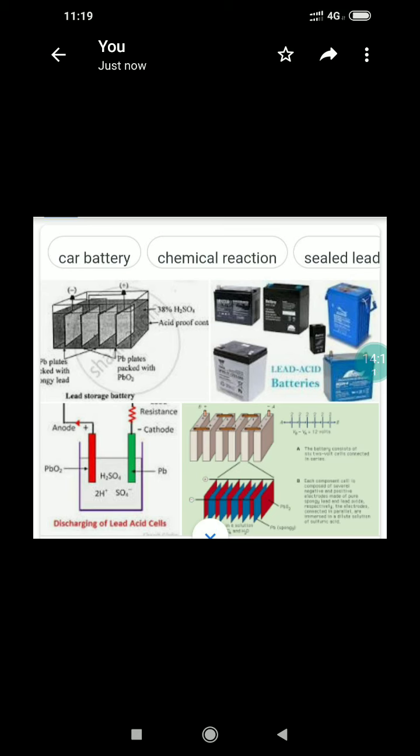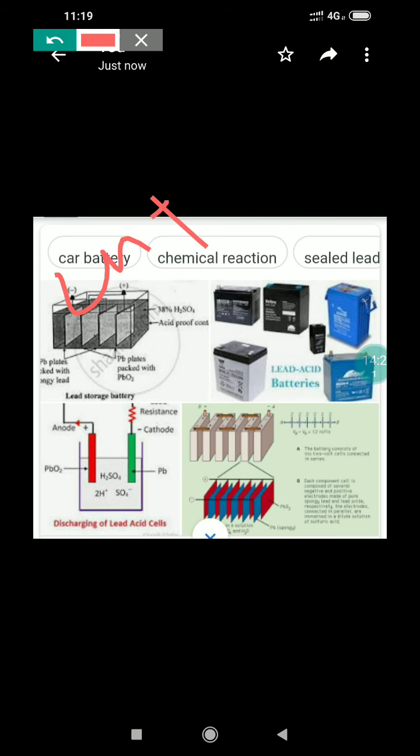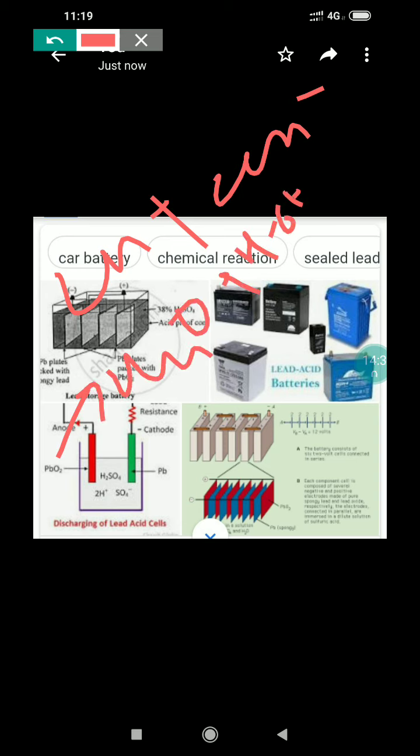The electrode reaction and net cell reaction are as follows. Zn plus 2OH- due to the basic medium, giving you zinc oxide ZnO plus H2O plus 2 electrons. This is the anodic oxidation.